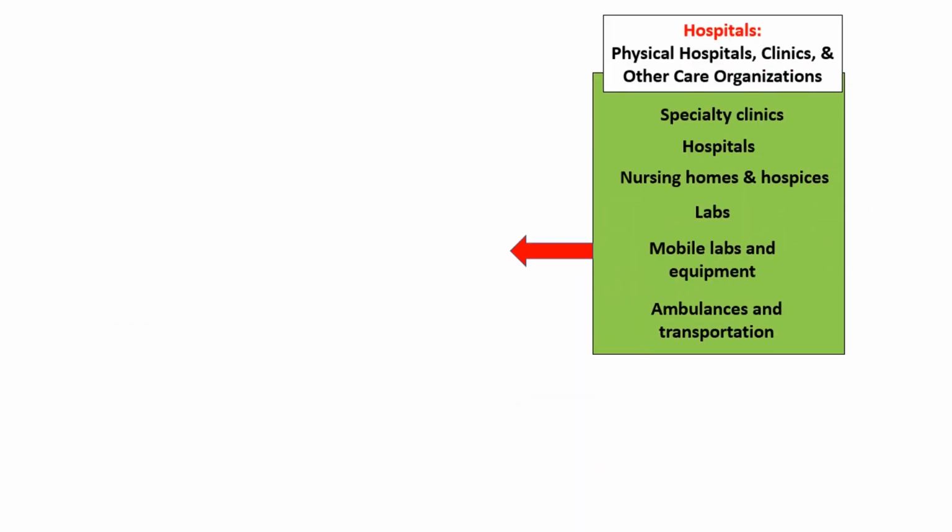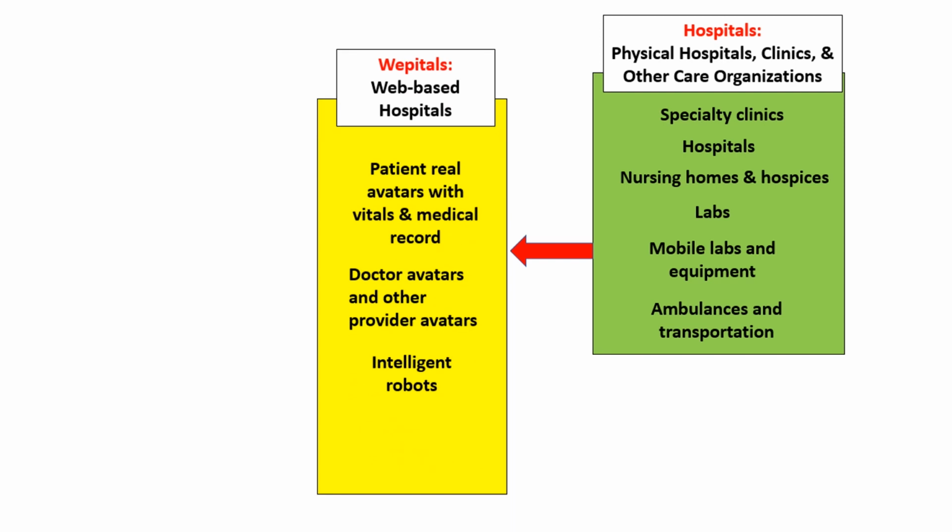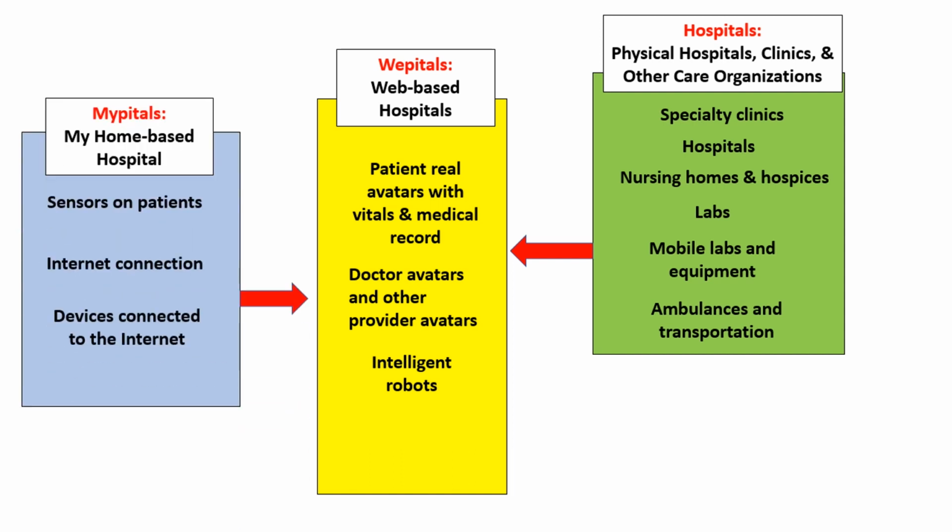How does our medical capacity increase this way? At present, we have hospitals and other physical care organizations. Now we can add wepitals where patients' real avatars, doctor and other providers' avatars, and intelligent robots live. Patients stay home, so their rooms become part of the hospital.